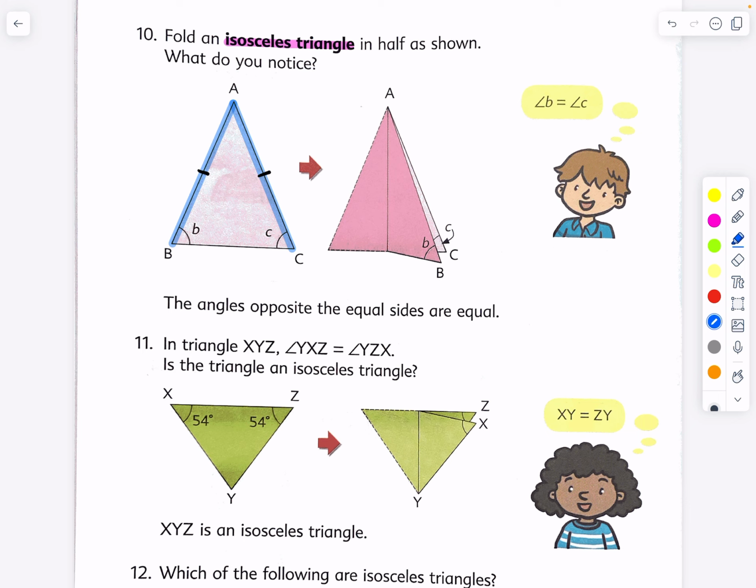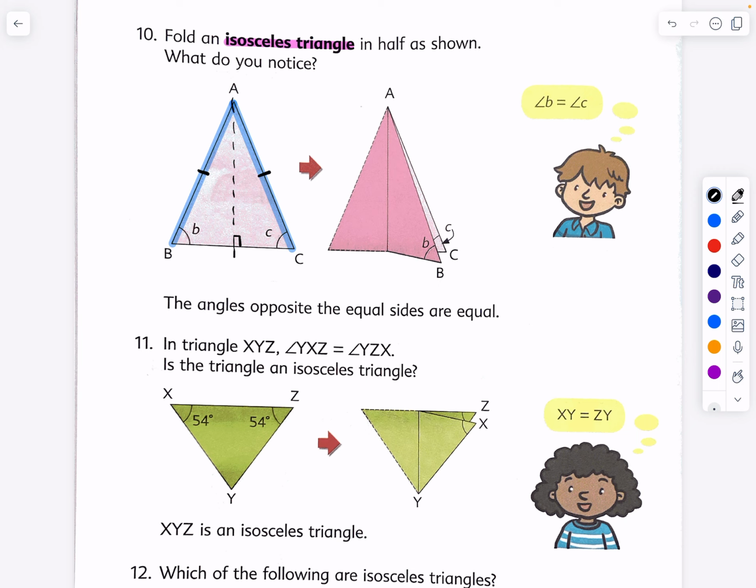Now, if we are to perform a very, very basic exercise, and fold this isosceles triangle along the altitude, along the central line, right? This is called the altitude. Sometimes we call it height.